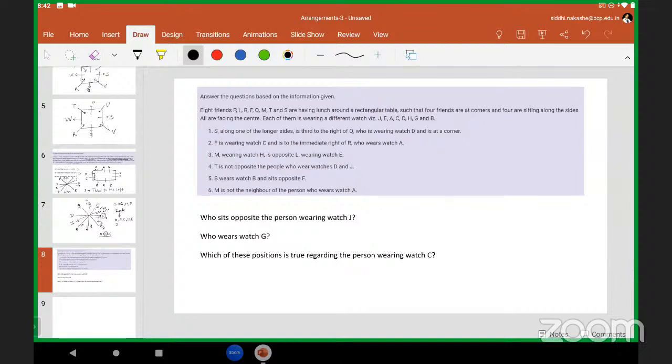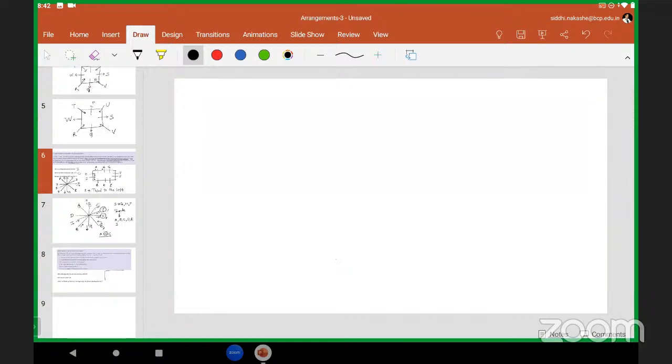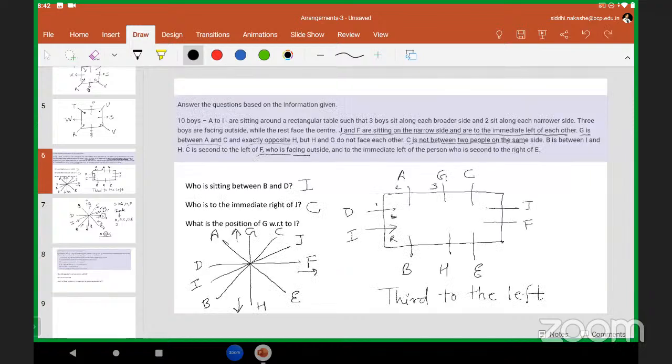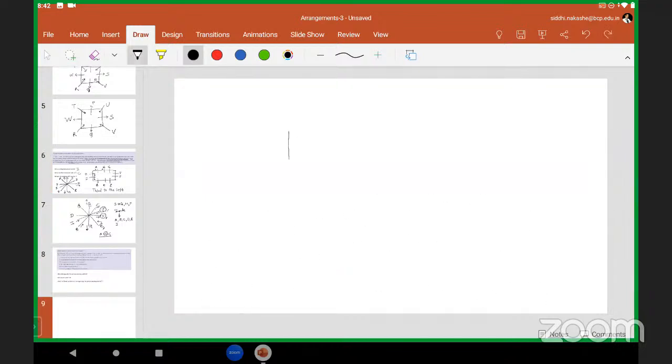Let us start with the first statements. First we'll draw the rectangle. So this is your rectangle.